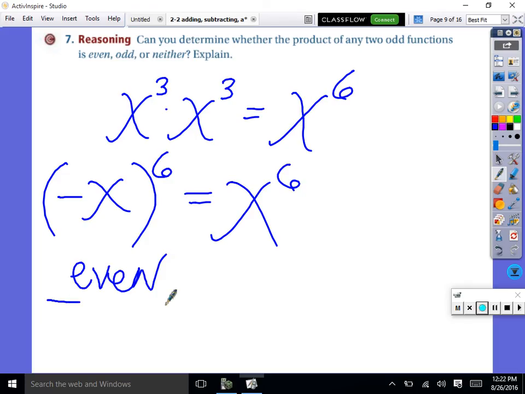There's other ways you could have shown that, but that was just how I showed it. I took the product of 2 and then I made absolute sure by plugging in negative x, because that's how we test if it's going to come out even or odd. Okay.